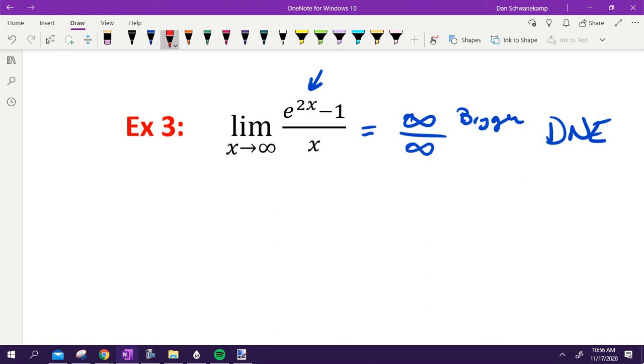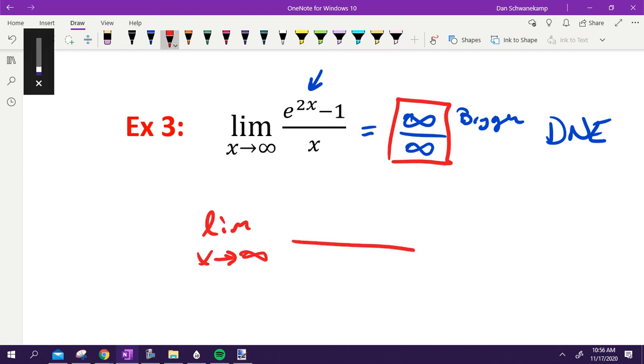Okay, because if I get infinity over infinity, I can use L'Hopital. Limit as x approaches infinity of e to the 2x over x minus 1. I'm taking the derivative. Andrew, what's the derivative of e to the 2x going to get me?